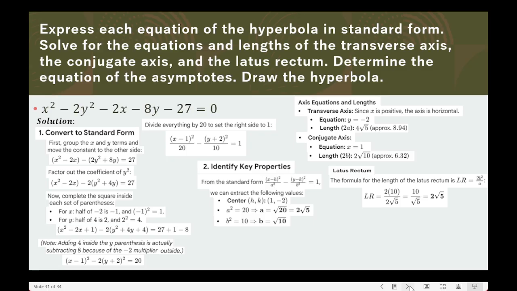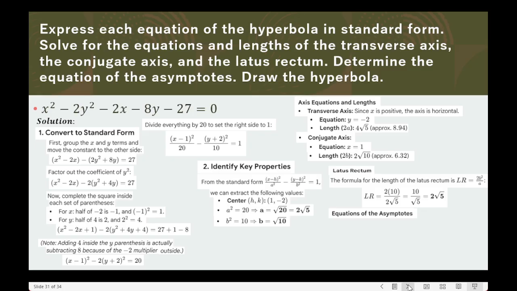Substituting the values of a and b, the length of the latus rectum can be simplified from this resulting expression: 2 times 10 over 2 square root of 5. Rationalizing the denominator, the length of the latus rectum is actually 2 square root of 5.